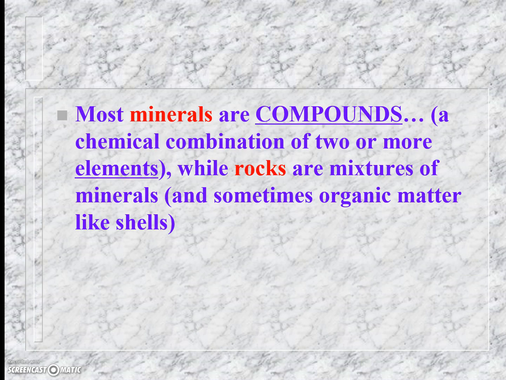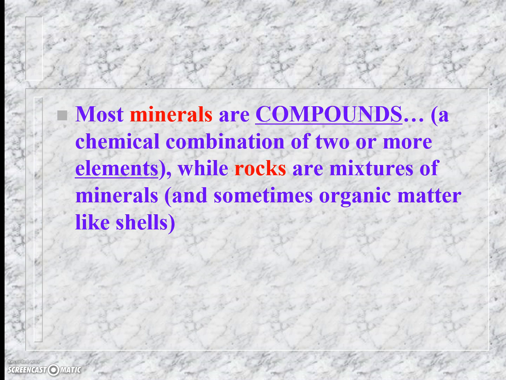So the formal definition of a mineral: they are actually compounds, which is a chemical combination of two or more elements. Now the periodic table is elements, okay? That's why some of the minerals are already on the periodic table, because some of them are just their own thing, like gold, which we know is Au. But sometimes minerals have to be compounded to make a chemical formula in order to make the actual mineral.